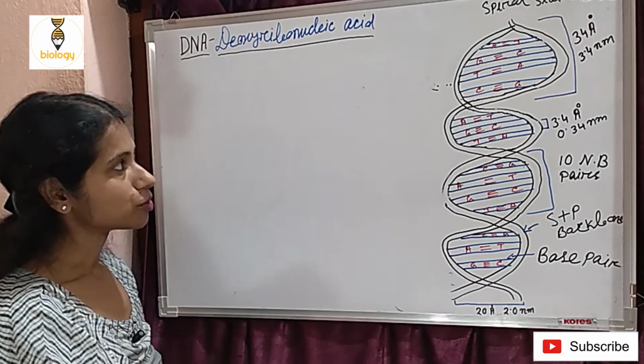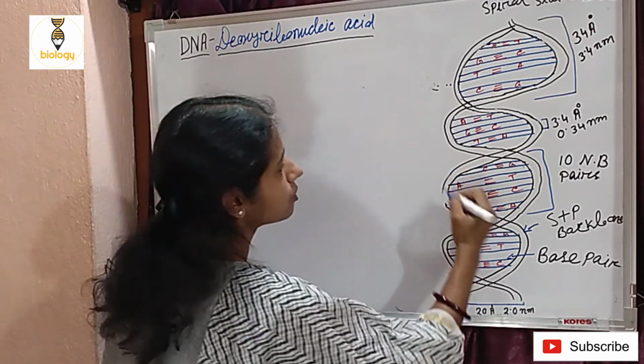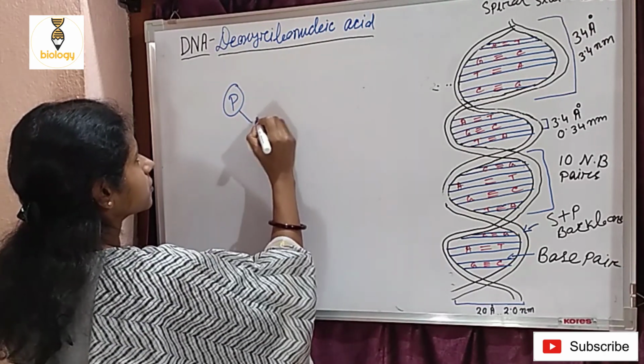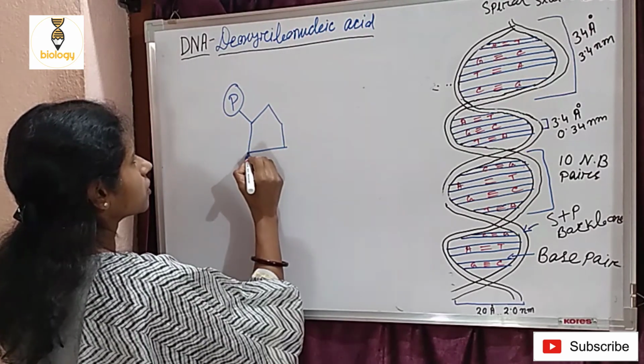Now, we'll go to more detail. What is there? We have learned that the chain is made by phosphate and sugar. Deoxyribose sugar. Okay.